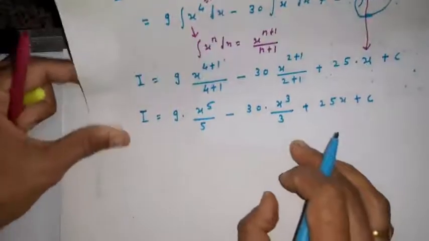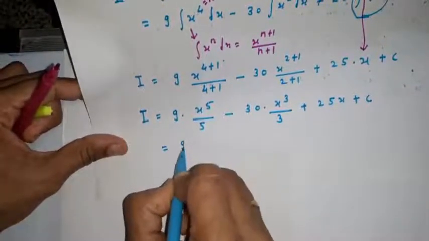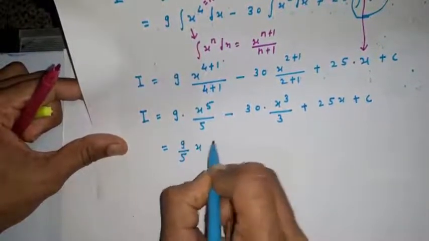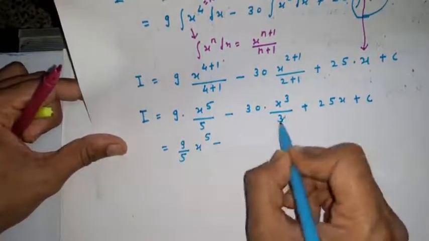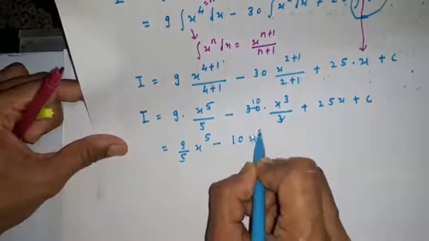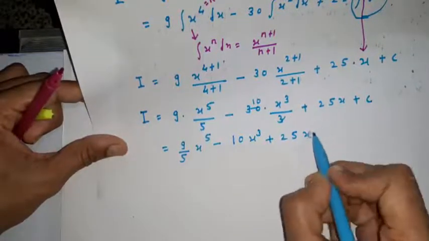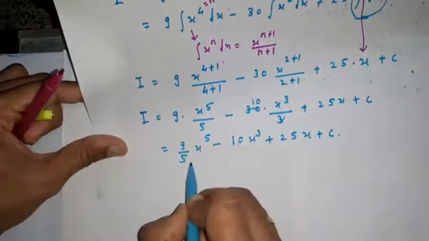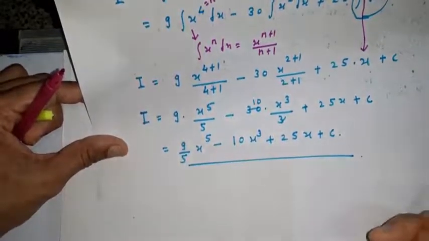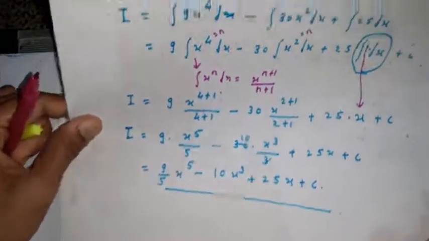And if we simplify, that will be equal to 9 upon 5 x raised to 5 minus 10 x raised to 3 plus 25x plus c, since 3 tens are 30. This is the integration of the given problem. Okay, in this way we have solved this problem.